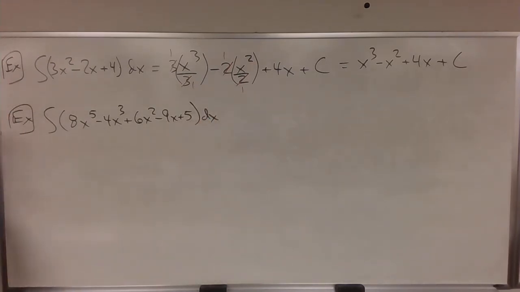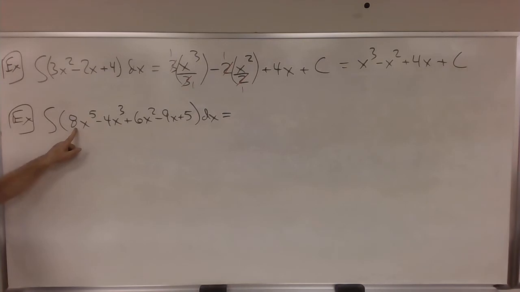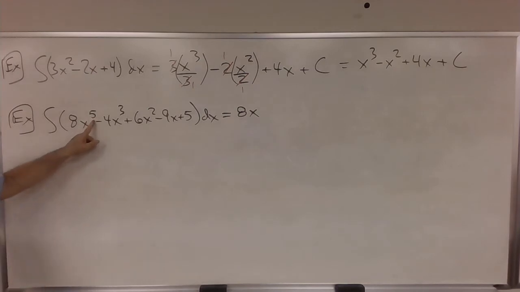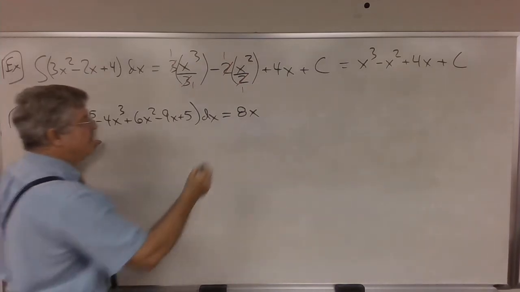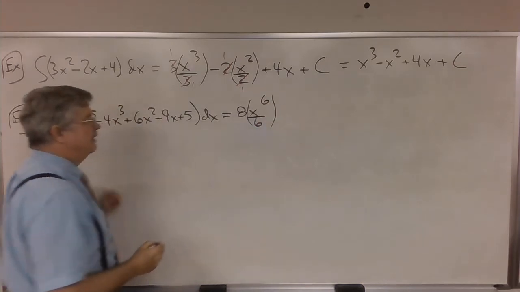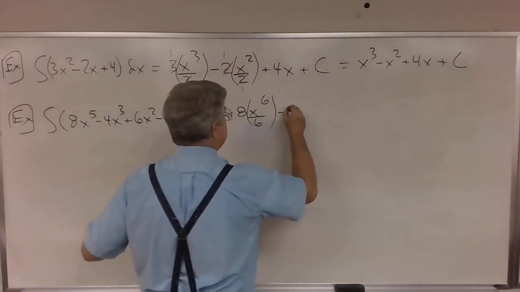The sum or difference of 5 terms. We'll take the first one, write down the constant, and then add 1 to the exponent, so we have x to the 6th, and then we divide by the new exponent. Then we move to the next term, negative 4x.